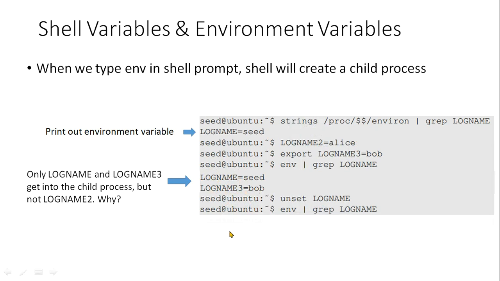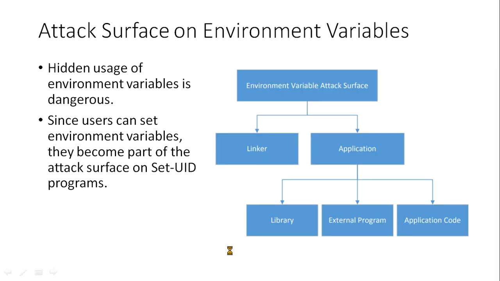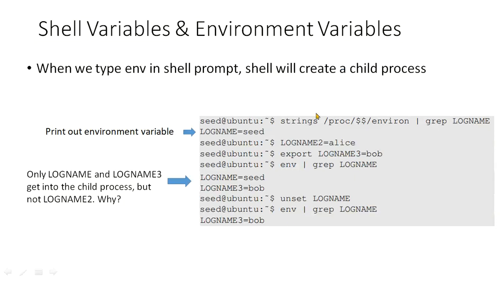So log name 3 is the only one left because we removed log name Sid. Okay, so I hope now all of you are pretty clear about the difference between shell variables and environment variables. This mechanism is pretty complicated if you're not familiar with it.